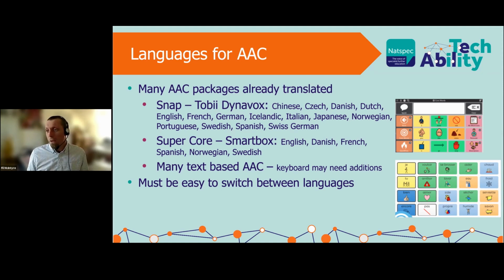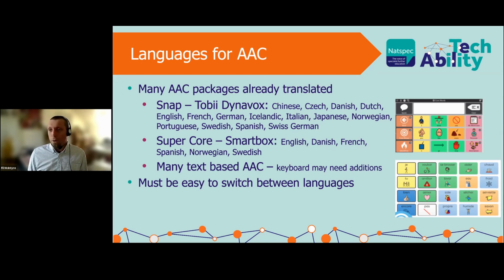And if learners use text-based AAC, then switching between keyboards is more straightforward than language packs, but obviously it's about the needs of the learner. But even if you're switching between keyboards, just remember that the keyboard might need additions if there's extra characters in that language or the structure's different.